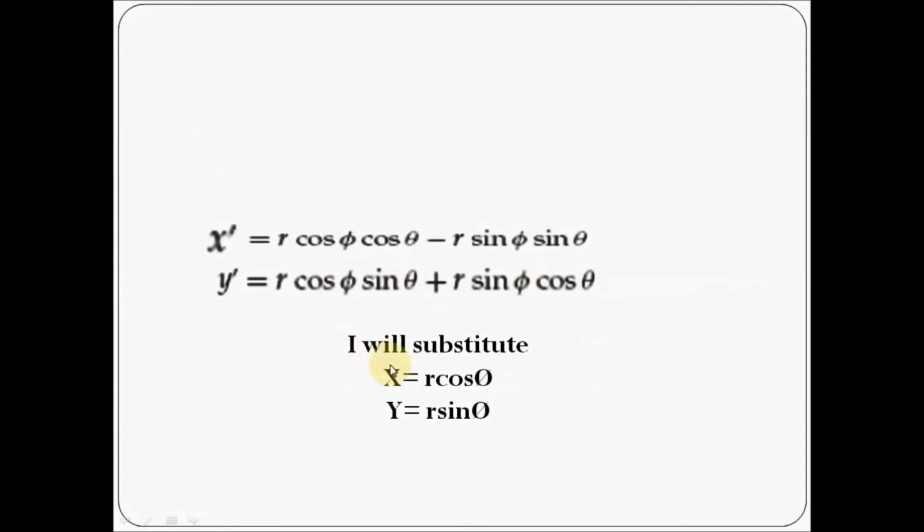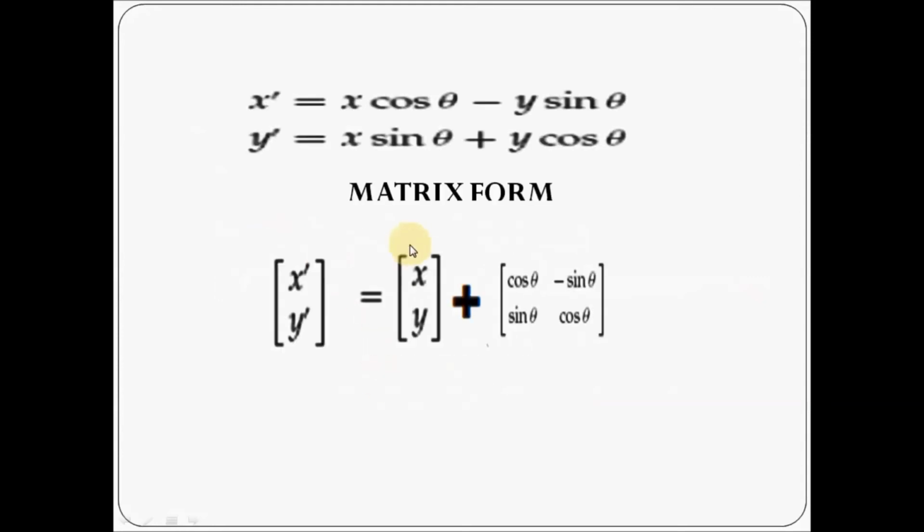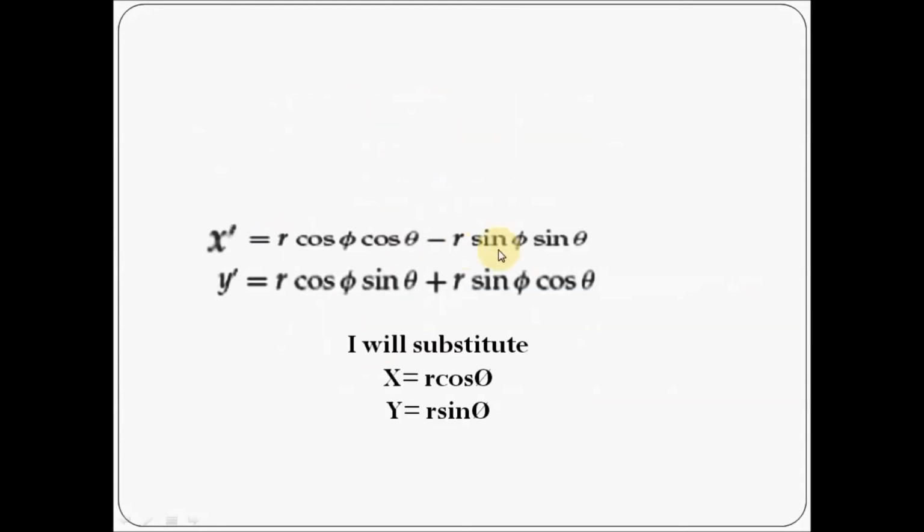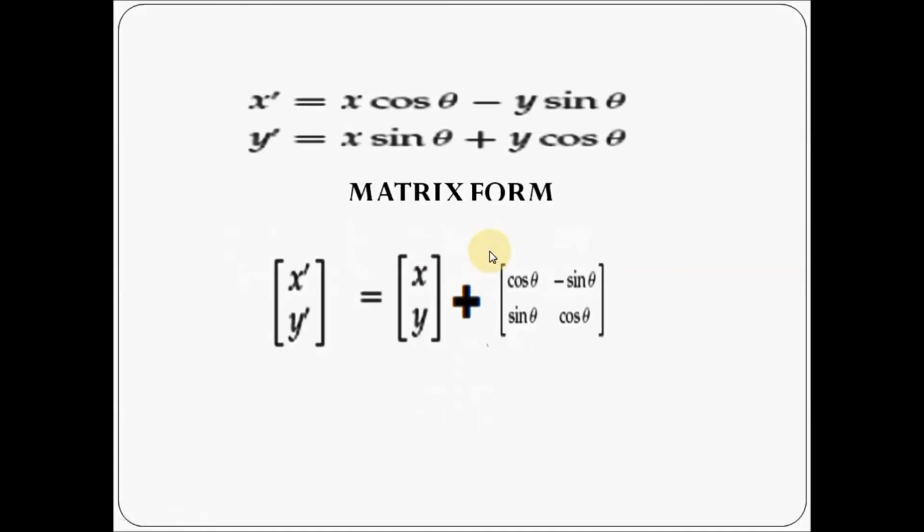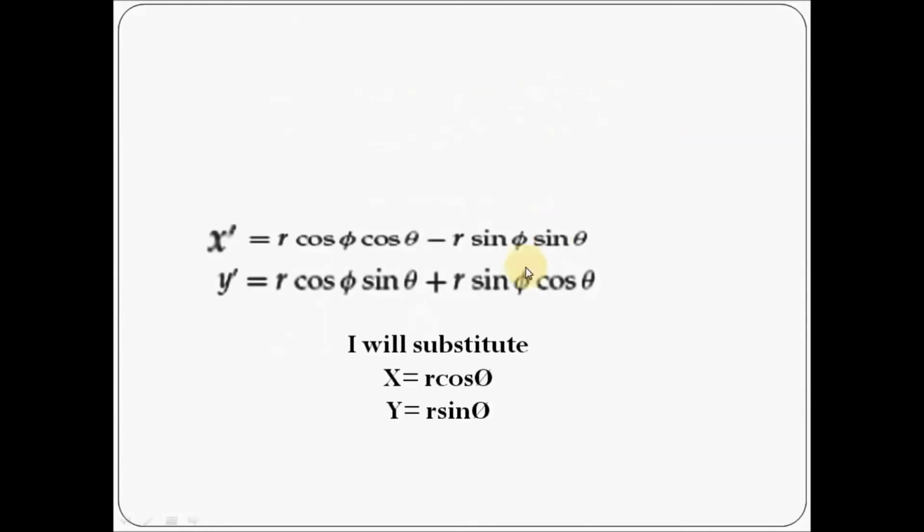If I substitute x for r cos phi and y for r sin phi, x dash is equal to x cos theta minus y sin theta. So I just substituted this value: x is equal to r cos phi, y is equal to r sin phi.